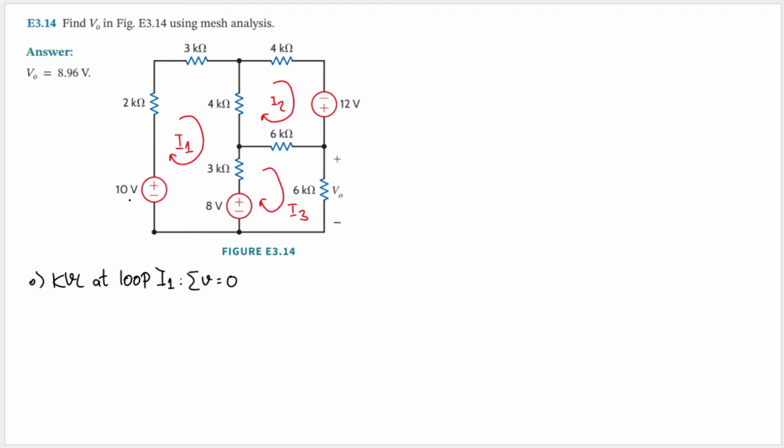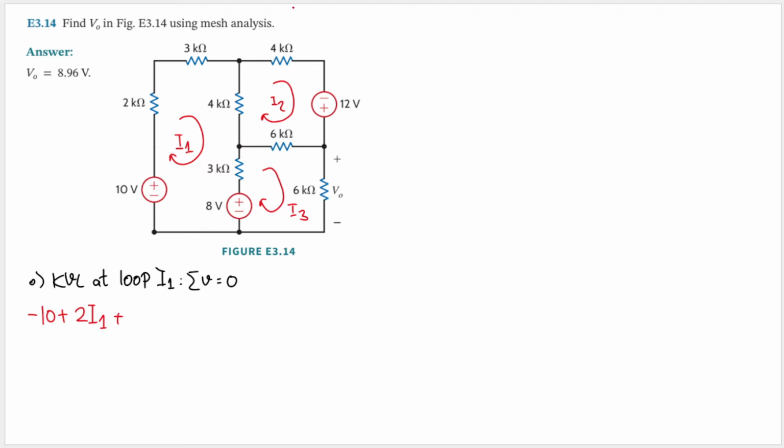Okay, let's start from this 10-volt voltage source, and the current is flowing from the negative terminal to positive terminal, so our sign will be negative, minus 10. And then we will move on to this 2 kilo ohm resistor, so we'll have 2, but this is resistor, so we need to convert it into voltage by multiplying the current. And the only current that pass through it is I1, so I will have 2 I1 here.